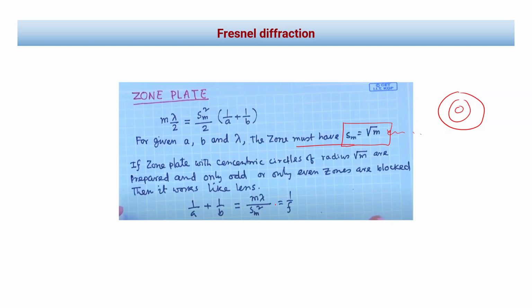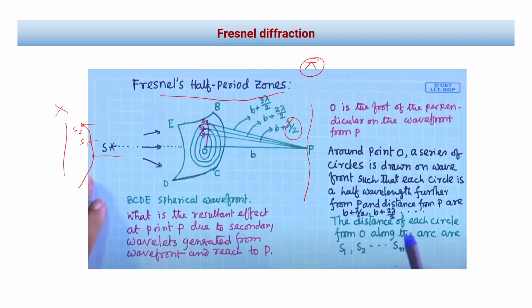The important thing from this zone plate concept is about these spherical wavefronts that we are getting from the circular aperture. As I said, every alternate zone has a path difference of lambda by 2.